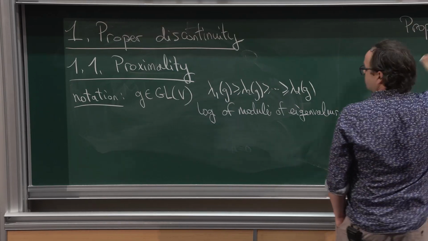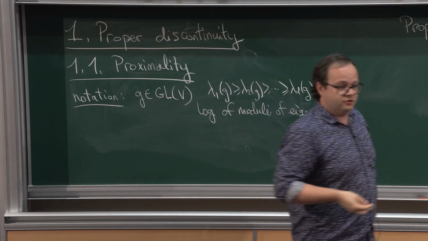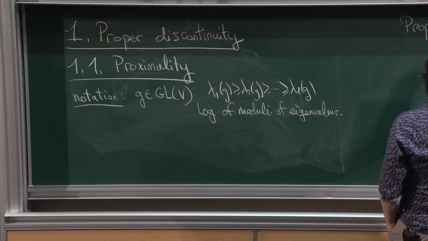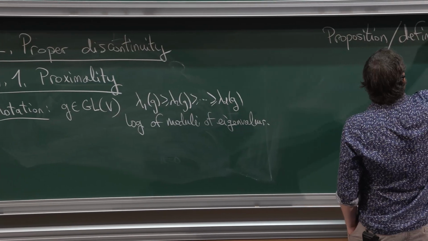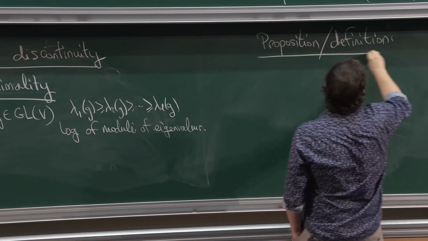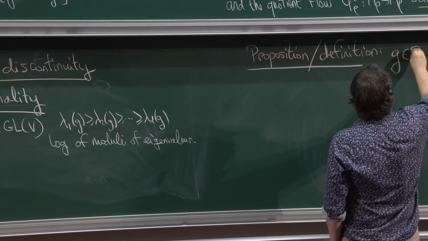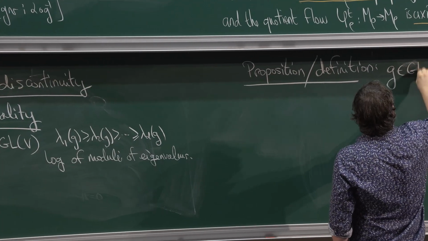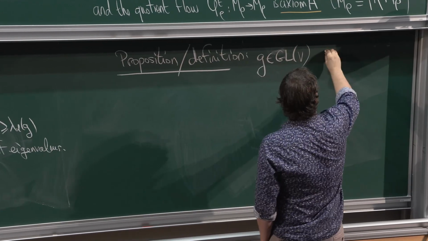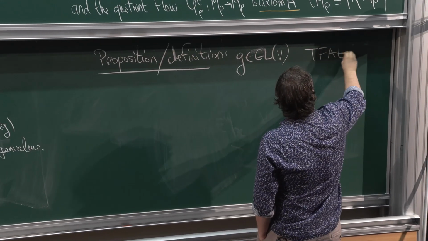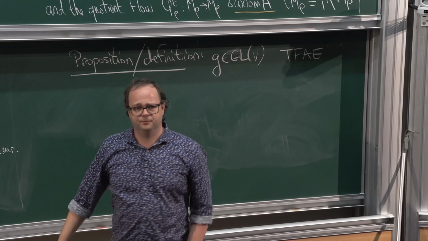Okay, so proximality is something that has several characterizations, so we're going to start with a good old proposition / definition. So you take an element G in your linear group GL of V, and we'll have three characterizations here.